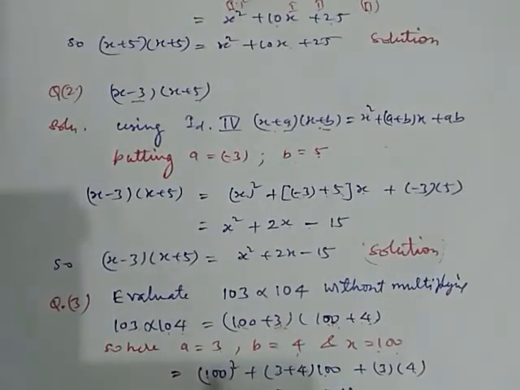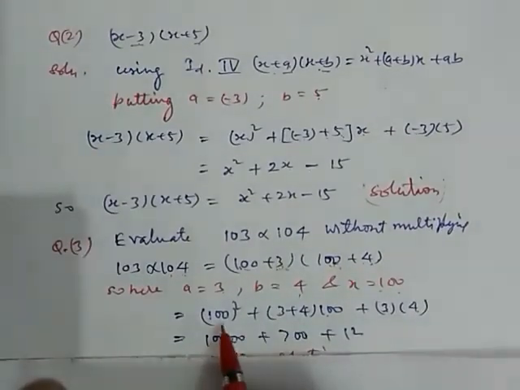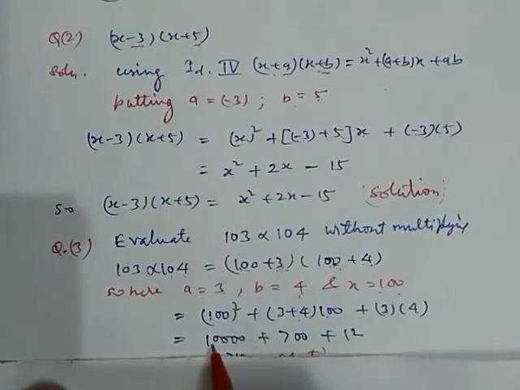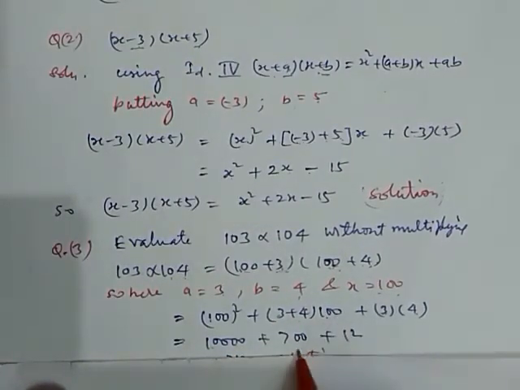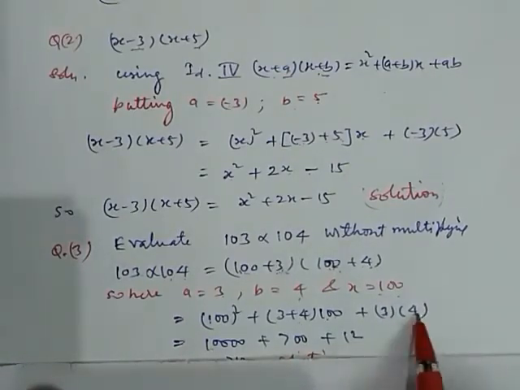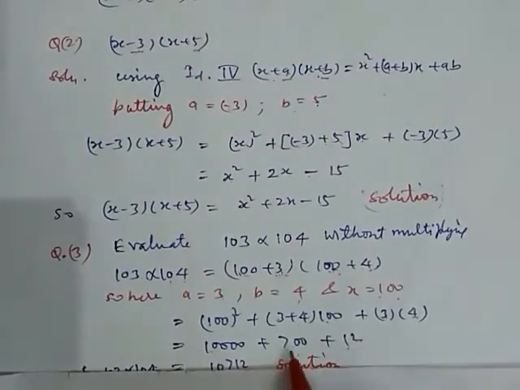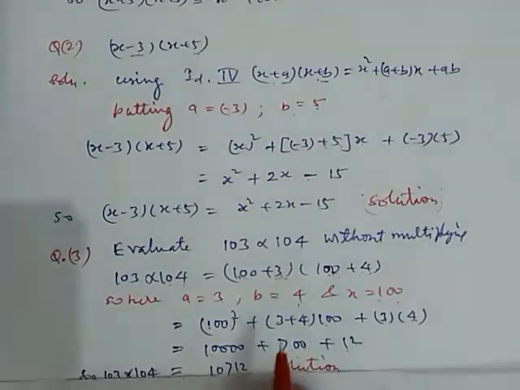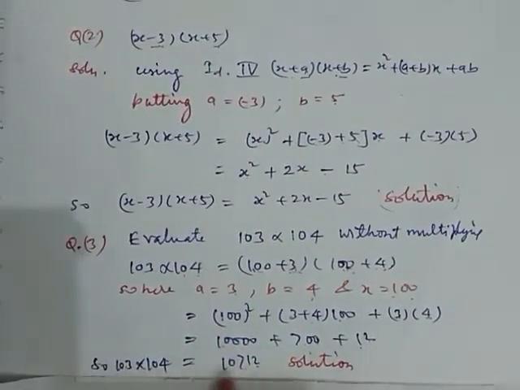Now 100 square has two zeros, so we get 10,000. 3 plus 4 is 7, 7 into 100 is 700, and 3 into 4 is 12. Now add all these: 700 plus 12 is 712, and 10,000 plus 712. So directly we write 10,712. This is our solution.